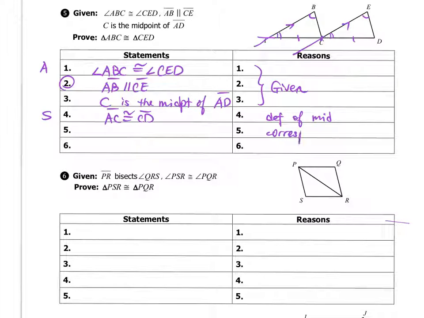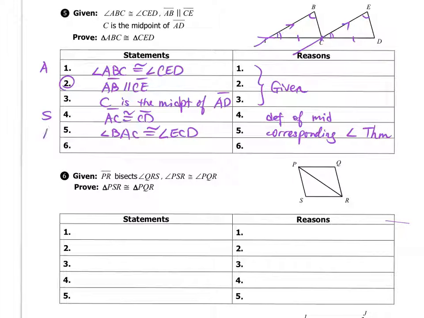So by the corresponding angles theorem, which says if two lines are parallel, their corresponding angles must be congruent, BAC and ECD.